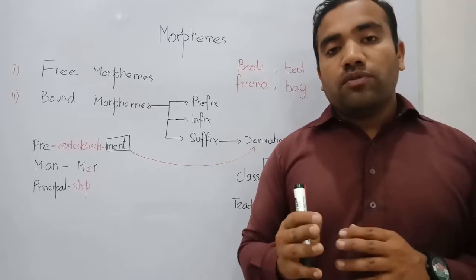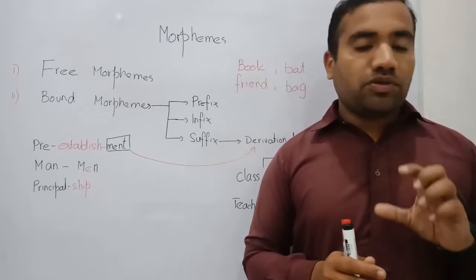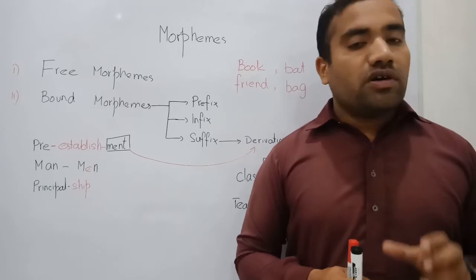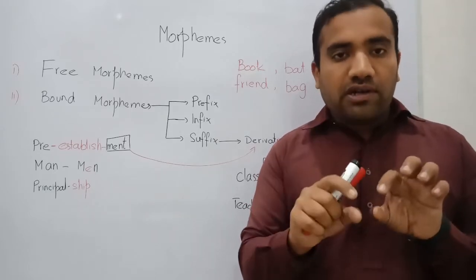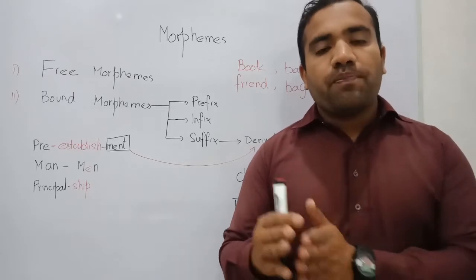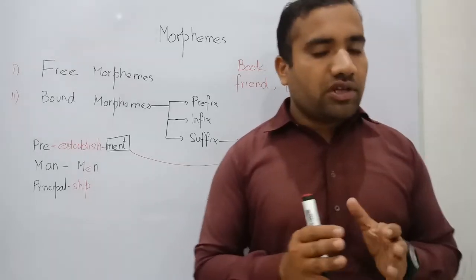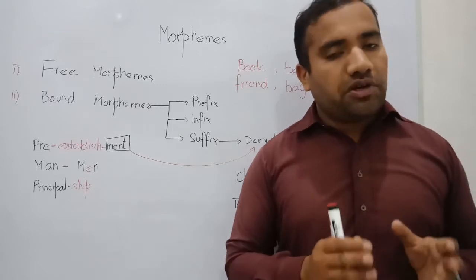In this video I am going to tell you what the morpheme is, and in the previous video I have already told you what the morpheme is. When we break the word into pieces, we can say that some parts of the word can exist independently, but some parts of the word cannot exist independently.